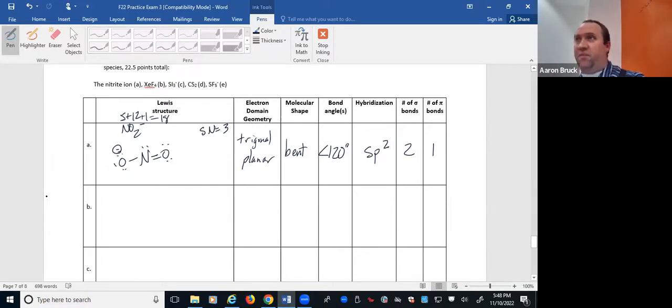You all should have a copy of it. If the problem asks you to assign individual atom formal charges, then yes.